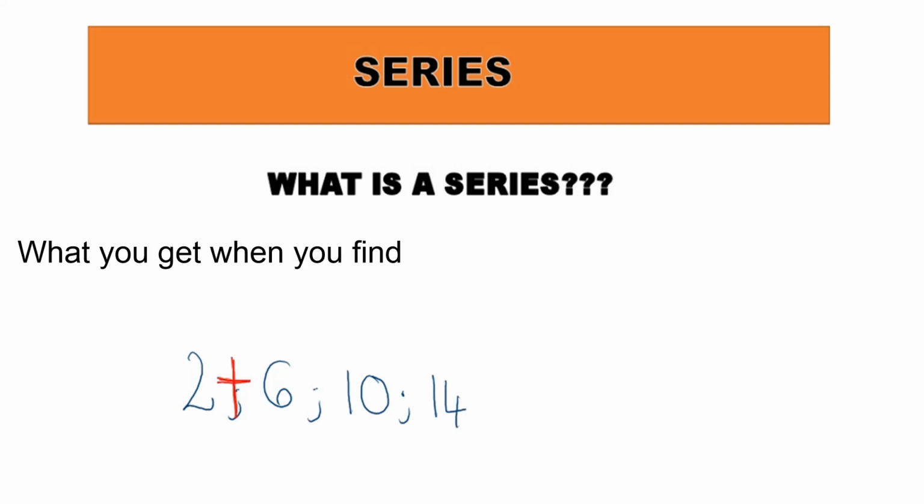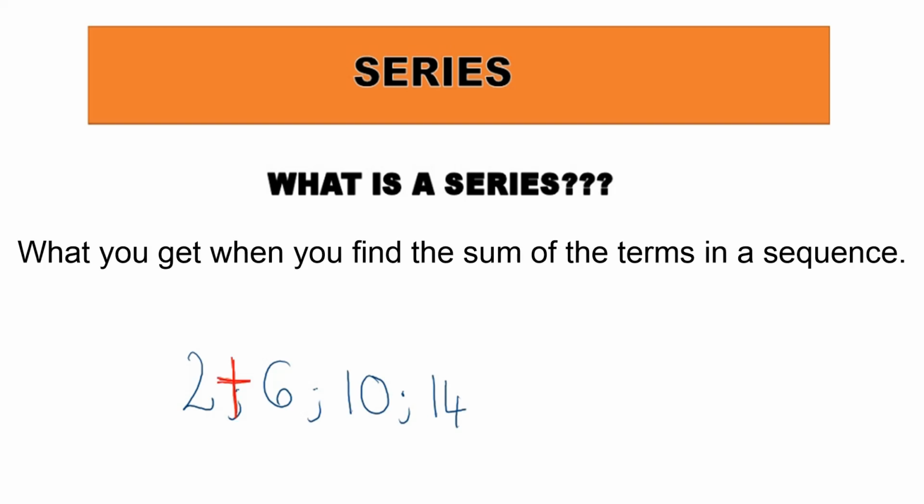If you add the terms of the sequence together, then the sequence will then become a series, right? Why would it become a series? Because now we are getting the sum of the terms in this sequence, right? So let's just get the sum of these terms. 2 plus 6 plus 10 plus 14 is equal to 32.